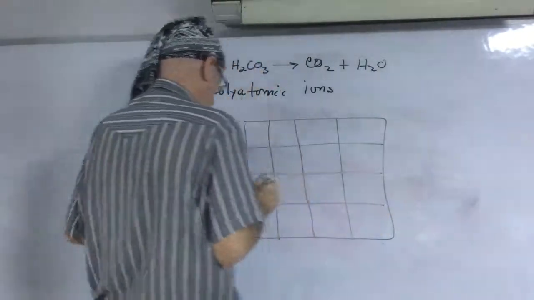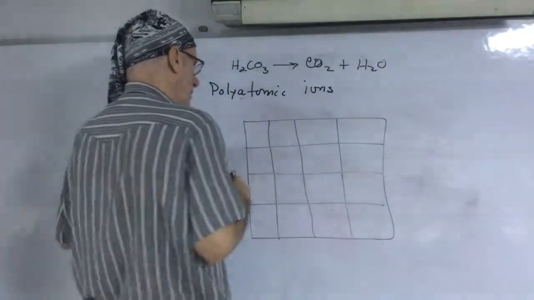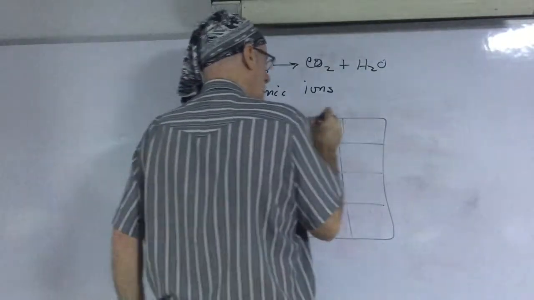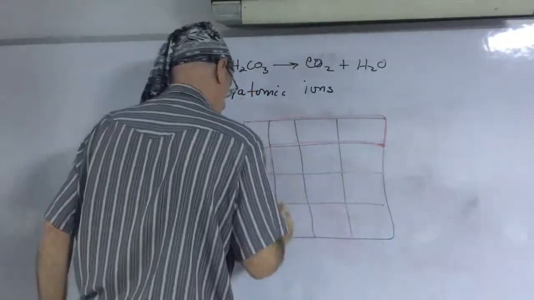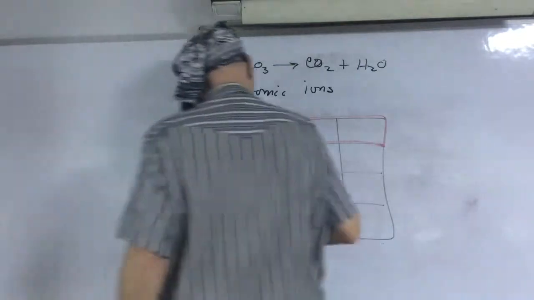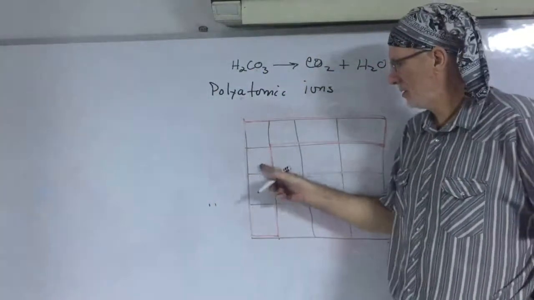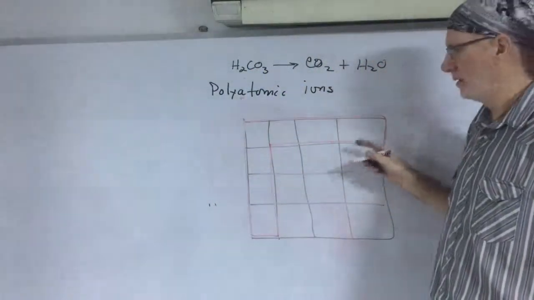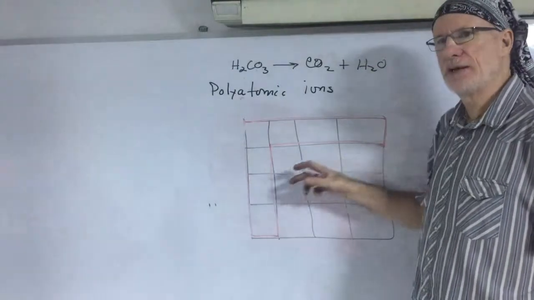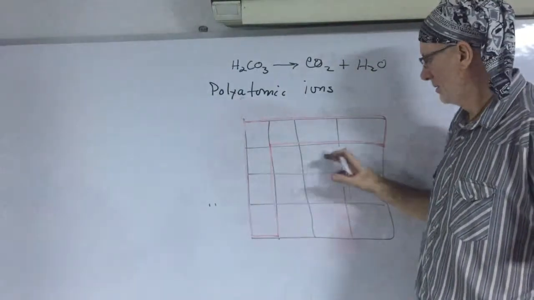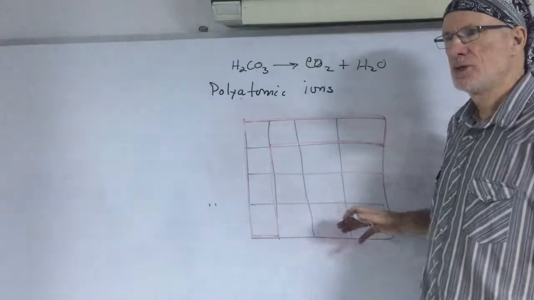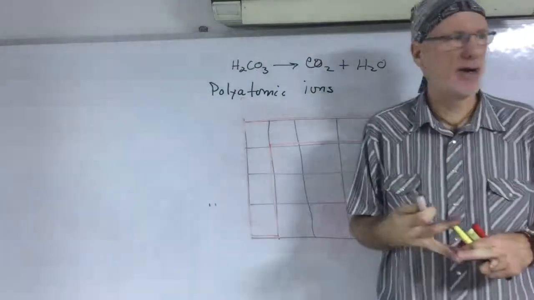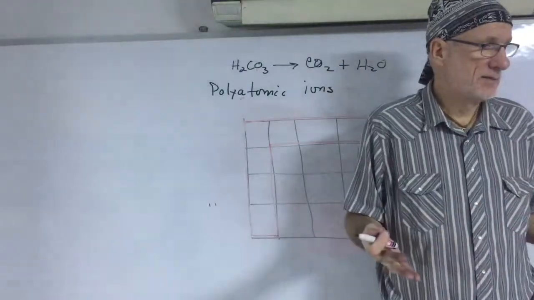In other words, I want you to put a positive ion here and a negative ion here, and then make the formula and names. Okay? See that? So you do one for binary, one for ternary, and one for acids.